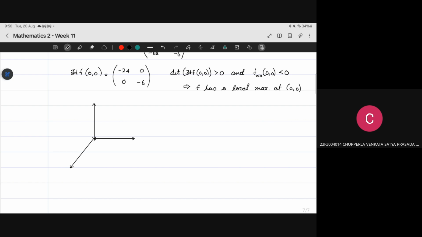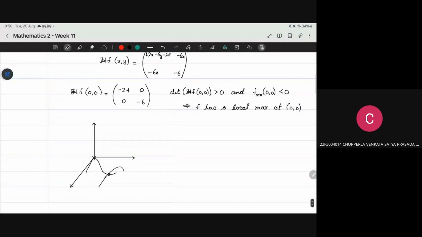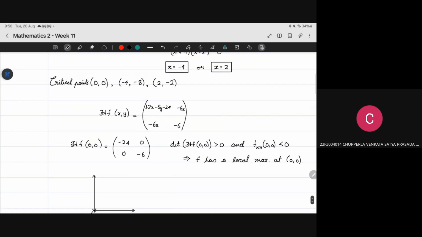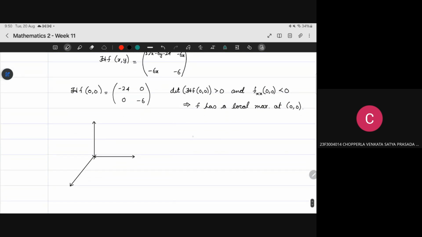So what I was thinking is, F has a local maximum over here, and it has a saddle-like behavior somewhere at 4, -8 or something. But how are you concluding that this implies it has no global minimum? See, I'll tell you what I'm thinking, and that is a complete argument, but I don't know if that is the easiest way to go about it.